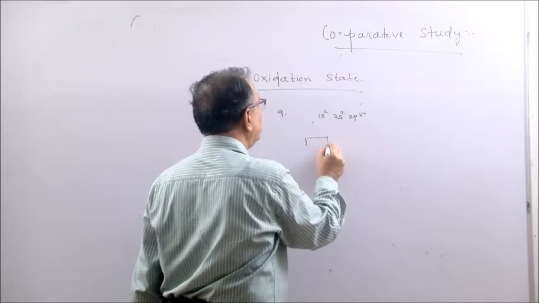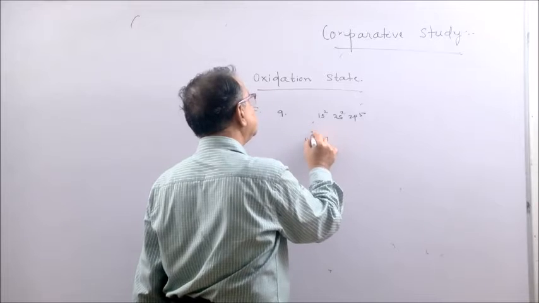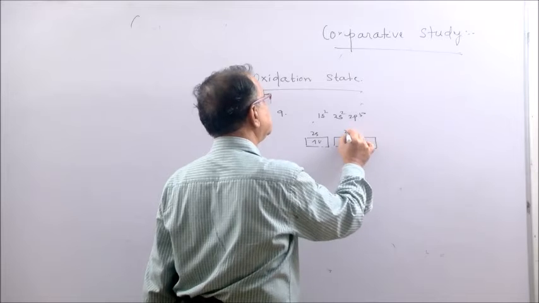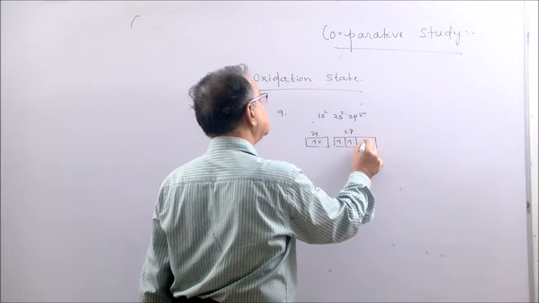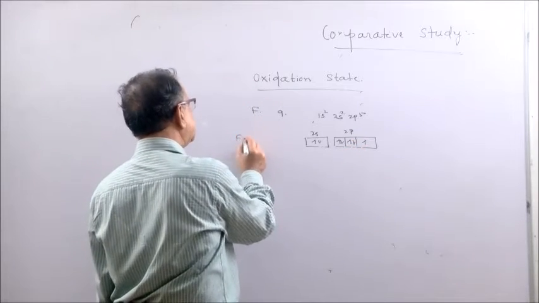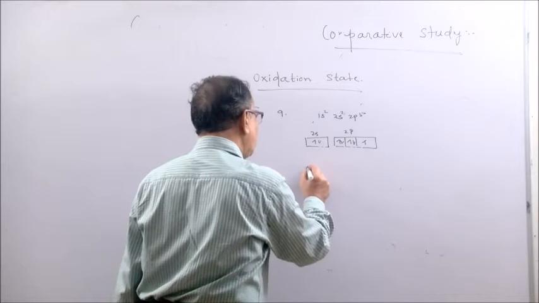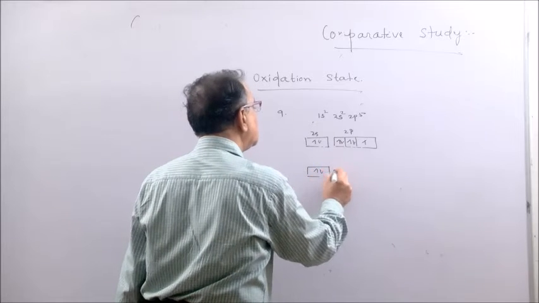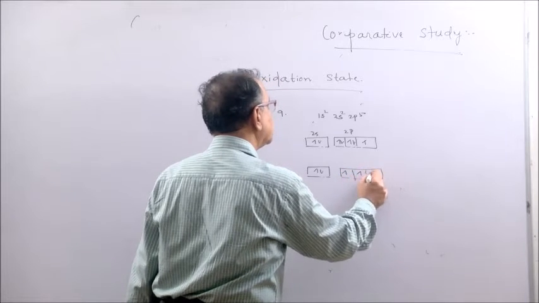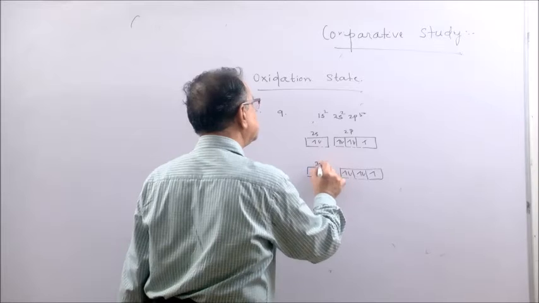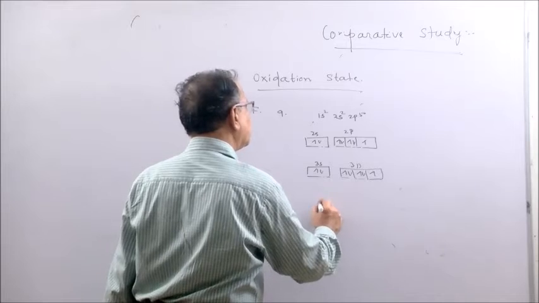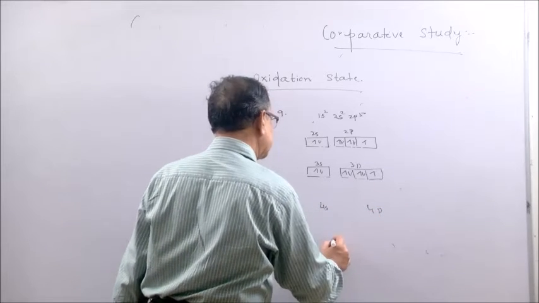Similarly, chlorine's outermost is 3s2, 3p5. In bromine it is 4s, 4p, and in iodine 5s, 5p, like this.